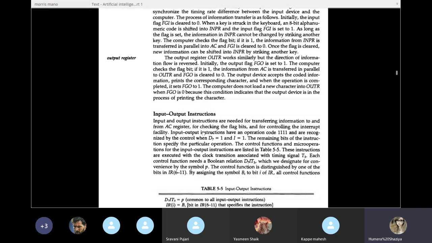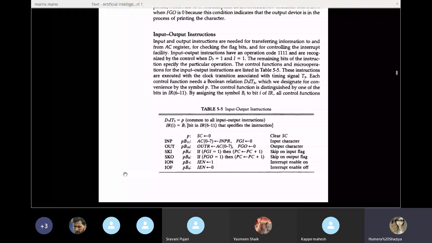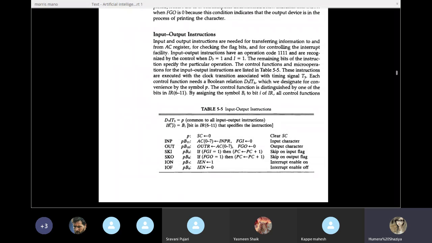Okay, so next, these are the 6 IO instructions. What are the IO instructions? Can anyone tell me what D7IT3 means? Yesterday I explained this to you.